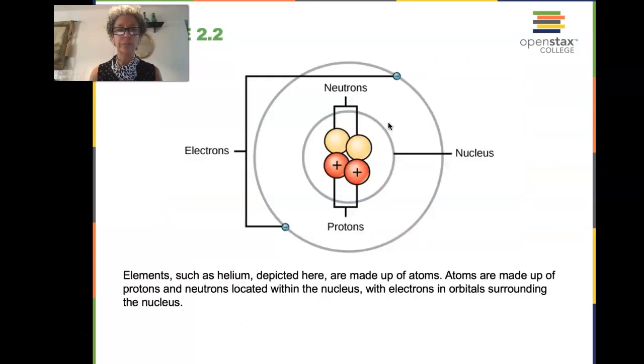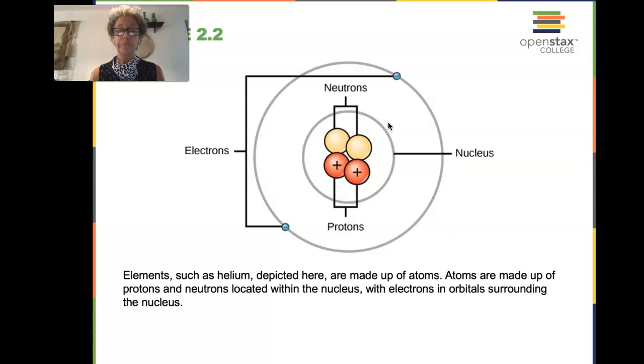So as our little brief reminder, the nucleus of an atom contains the neutrons, which have no charge, and the protons, each of which has a single positive charge. And then there are the shells, or the orbits, for the electrons, each of which has a negative charge.